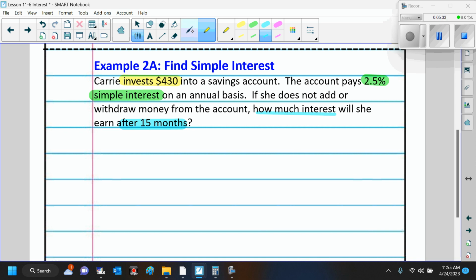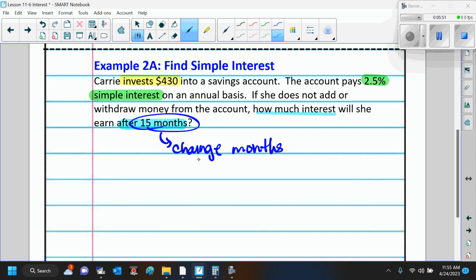Now, what do you notice here, folks? 15 months is not more than a year. We have to change months to years, right? Now, how do I change months to years?